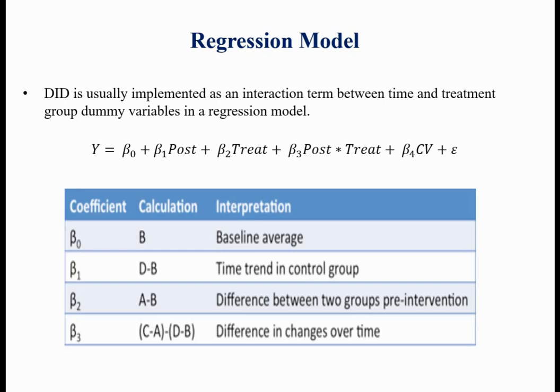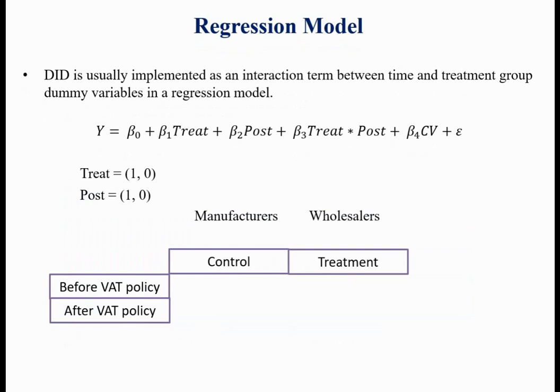Okay, so for us to get a clearer understanding, I'm going to give an example. Let's say in this hypothetical example, country A has a VAT policy for manufacturers and wholesalers of 20%, a VAT rate of 20% for both.